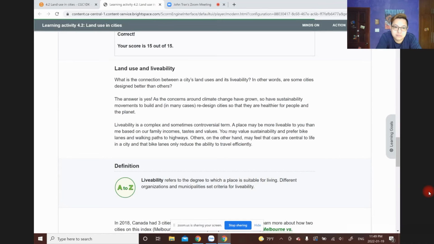Livability is a complex and sometimes controversial term. A place may be more livable to you than me based on our family income, taste, and values.